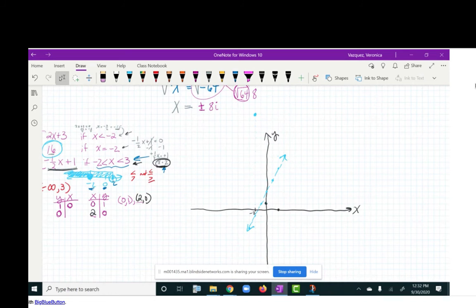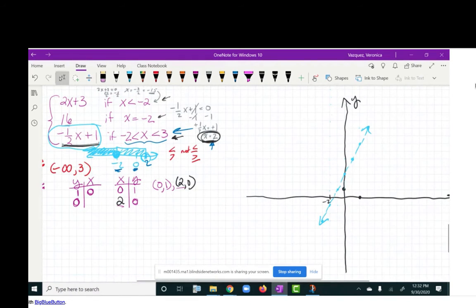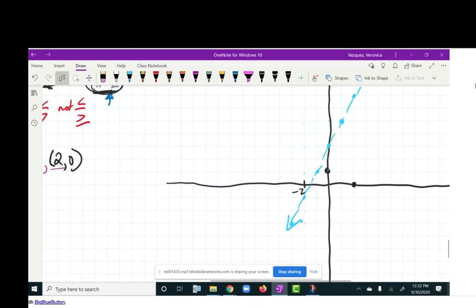Okay? And then finally, the last piece of my piecewise function is this one, -1/2 x plus 1. For that, I'm just going to change my color here too. Plus 1, and the slope is -1/2.